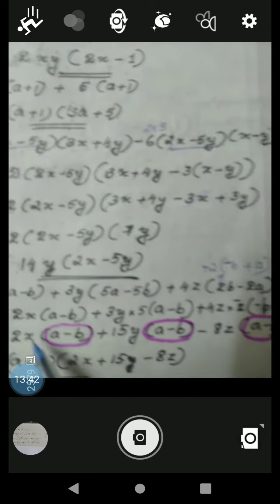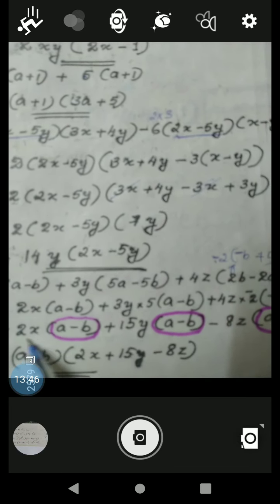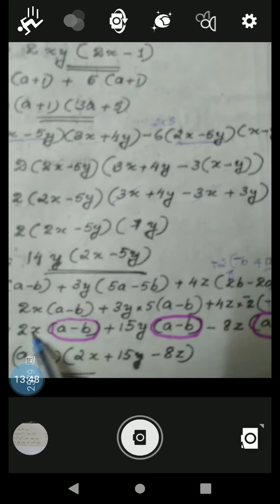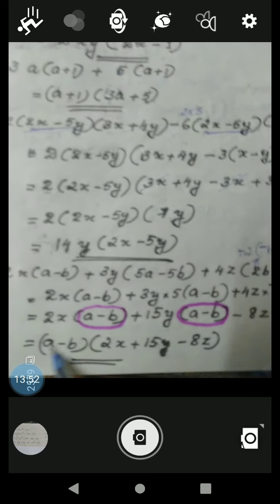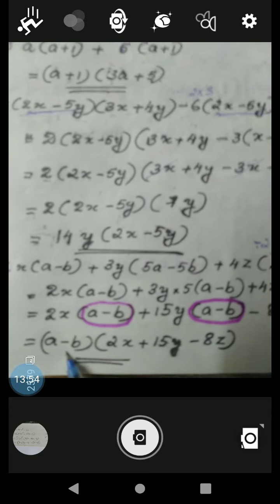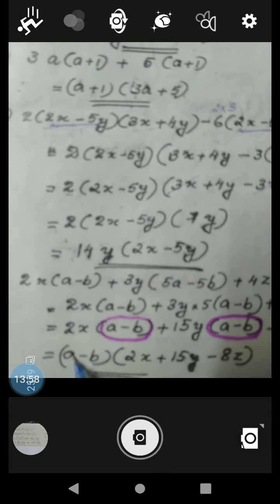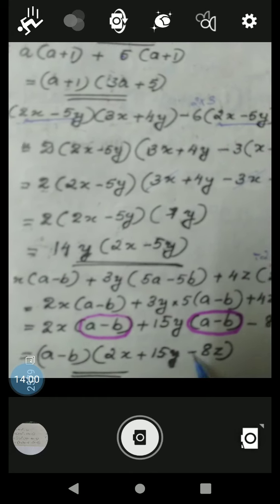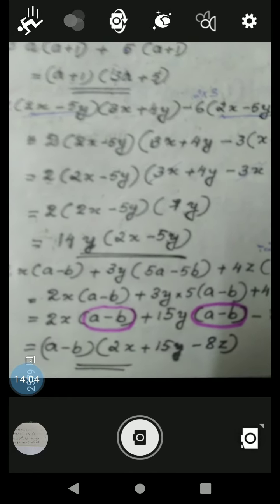So you can take that a minus b outside, and inside the remaining part you can see, it is very clear, 2x plus 15y minus 8z. So these are the two factors. You will get two factors here in this expression. a minus b is one factor, the other one is 2x plus 15y minus 8z.